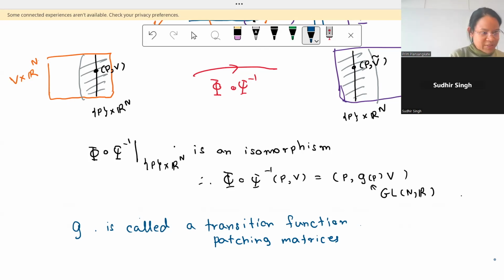Okay, because I'm running out of time, I go very slowly. Let me just state one proposition which will be useful about the transition function.